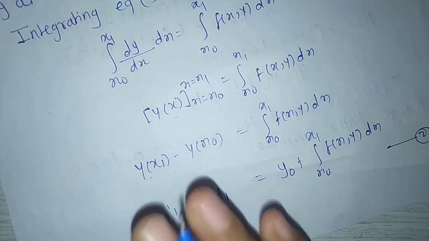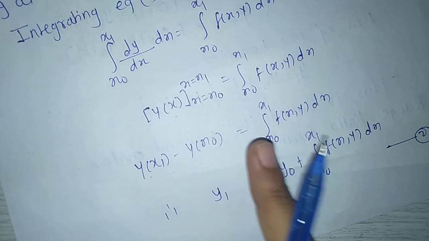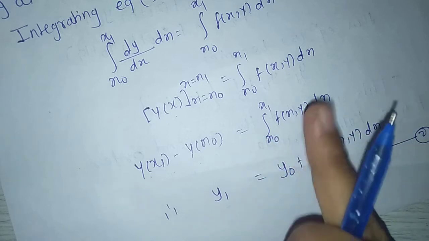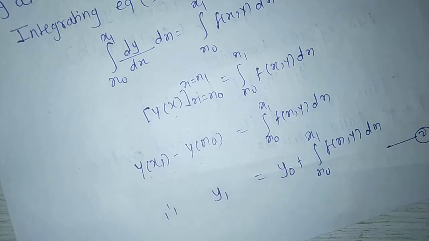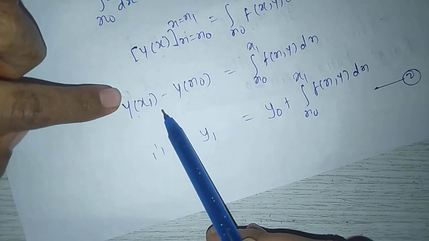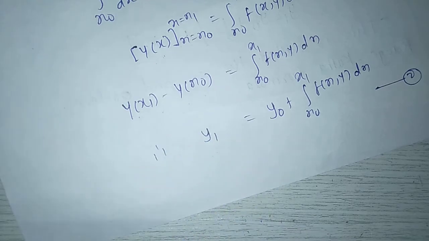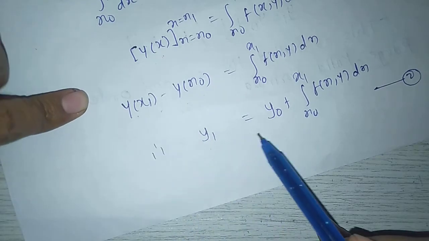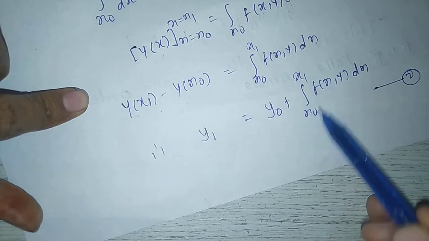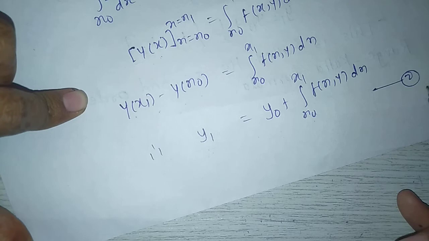After putting the limits of x, we get y of x1 minus y of x naught equal to integration x naught to x1 of f of x, y dx. Therefore, y at x1 is y1, and y at x naught is y naught. So, y1 equal to y naught plus integration x naught to x1 of f of x, y dx, given as equation number 2.